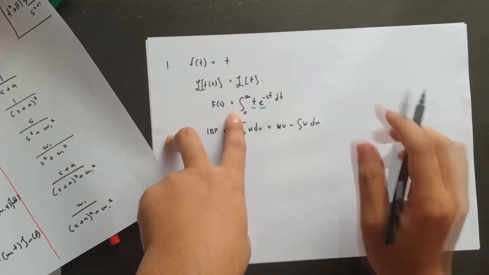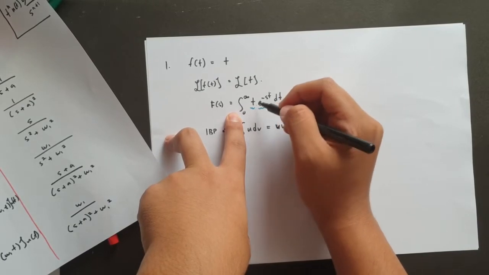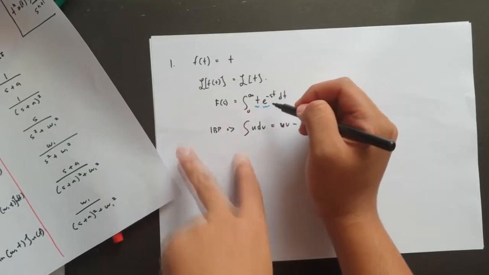You need to identify which one is u and which one is dv.